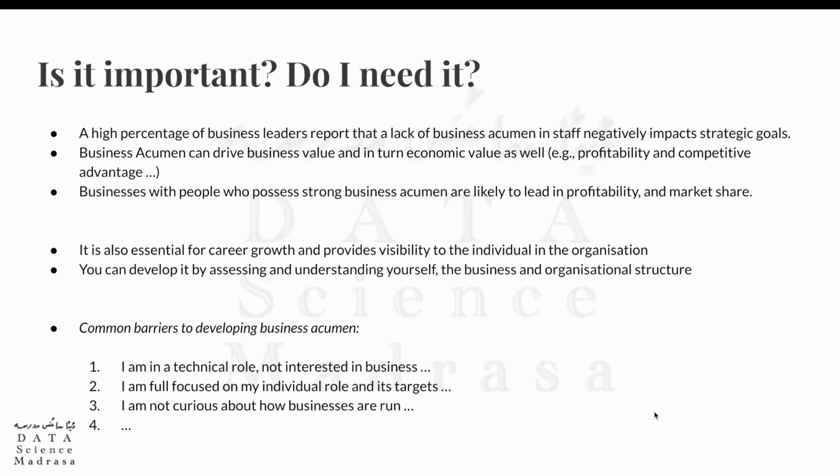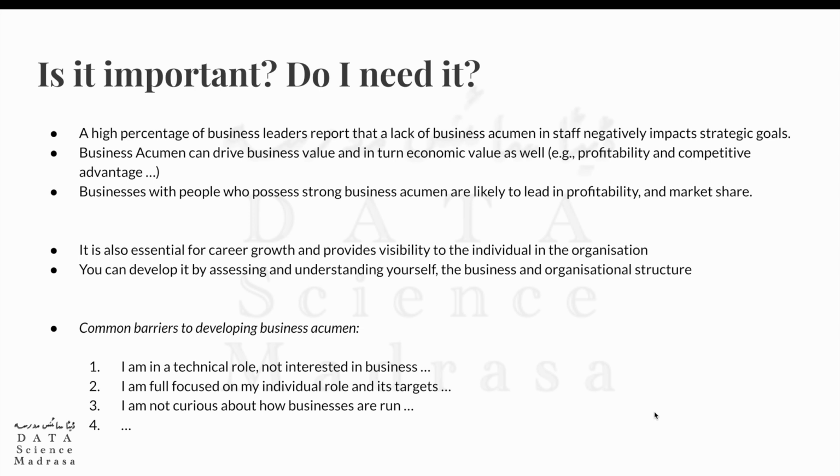Is it important though? Do we really need it as data scientists? Well, a high percentage of business leaders, and it depends on which reports you look at, report that a lack of business acumen in staff negatively impacts strategic goals. Therefore, leaders would really like for each staff member to have some degree of business acumen and understanding, because it can drive value for the business and in turn impact the economic value that is being derived by the business as well.